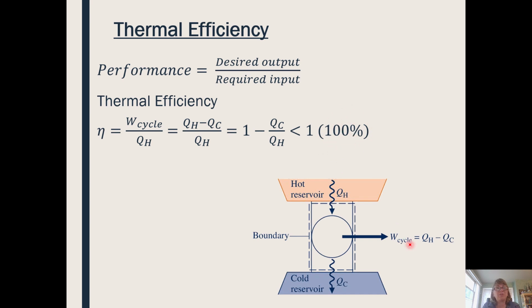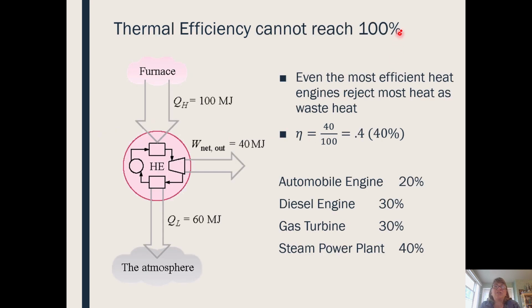This is looking at our performance, and when we calculate this, we usually calculate the max, because we don't have all the heat converting to work. Some of the excess heat goes back into our second reservoir.